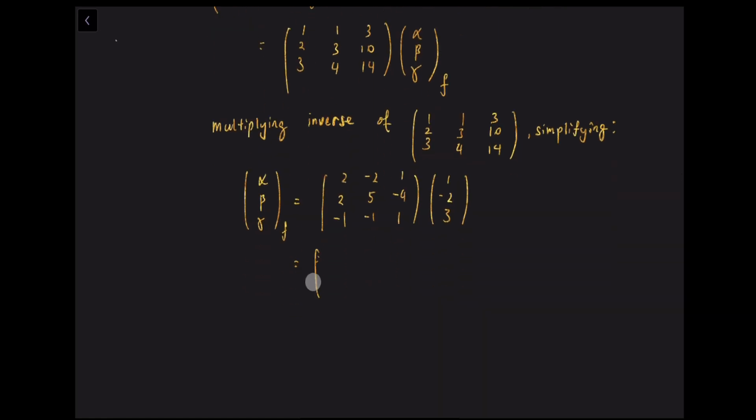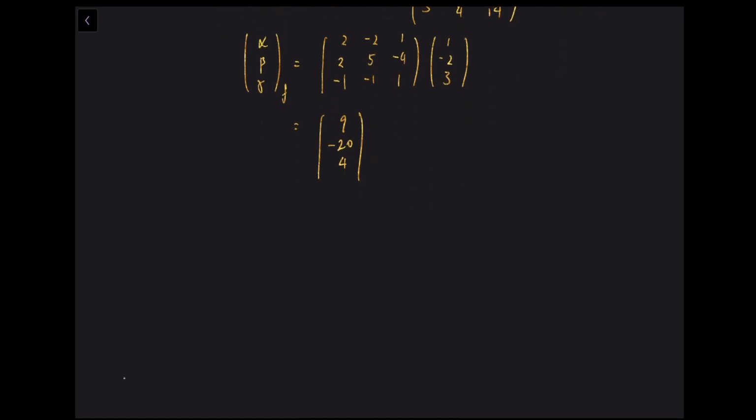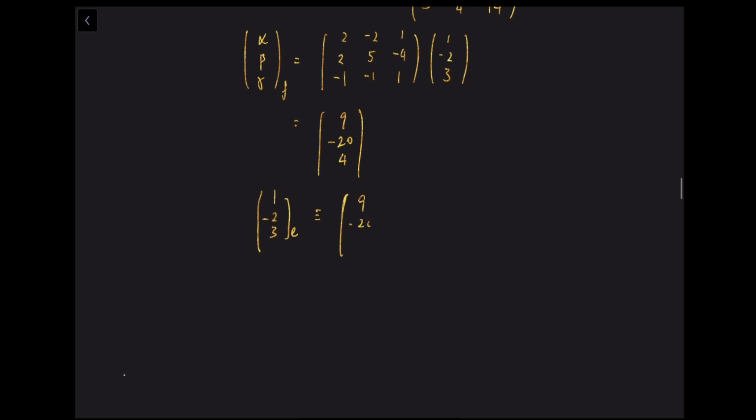Thus, (1, -2, 3) with respect to the standard basis E is equivalent to (9, -20, 4) with respect to the new basis F. This can be written more concisely as (1, -2, 3) with a small e is equivalent to (9, -20, 4) with a small f.